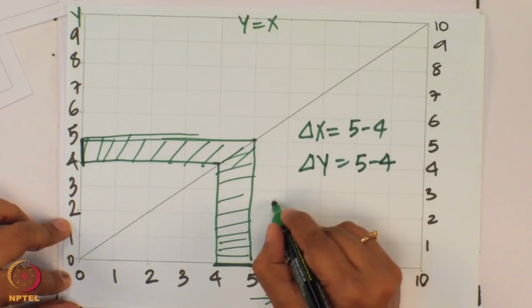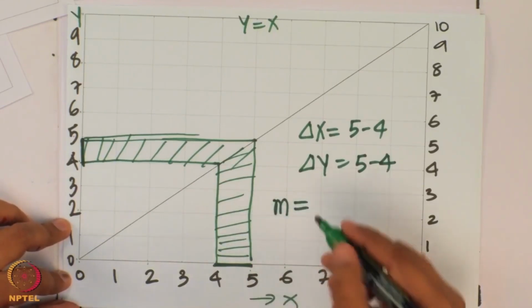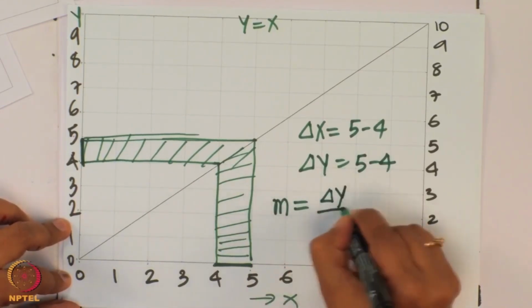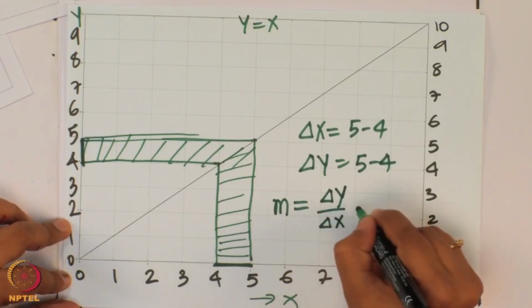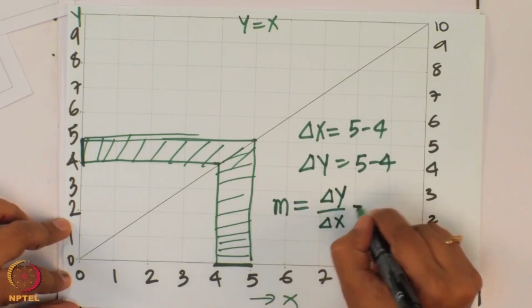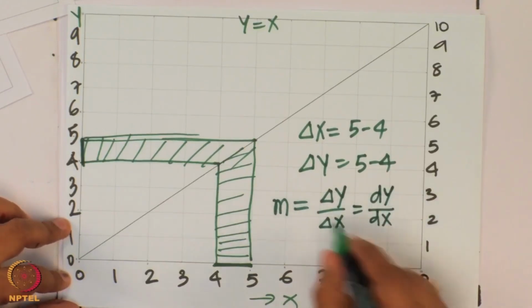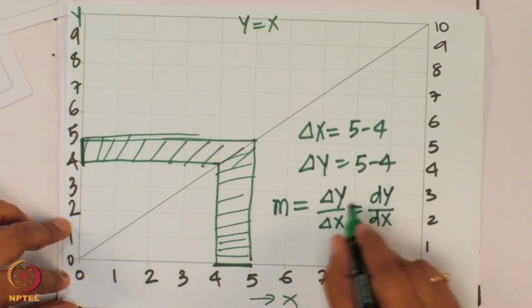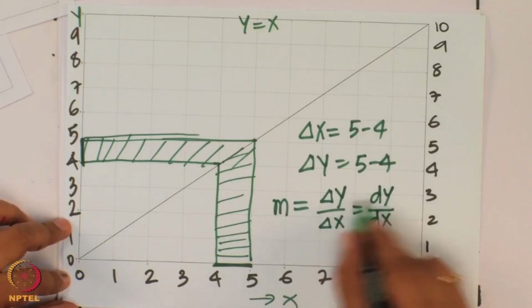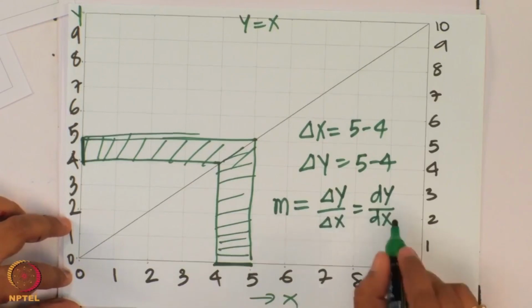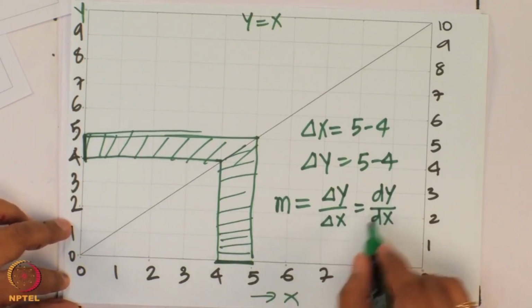And the slope m is delta y by delta x, or when delta x is very small, this can also be written as dy by dx. We will come to that, but for the moment let us consider these the same thing. Delta y by delta x and dy by dx are the same thing at the moment. We will discuss more about this later.